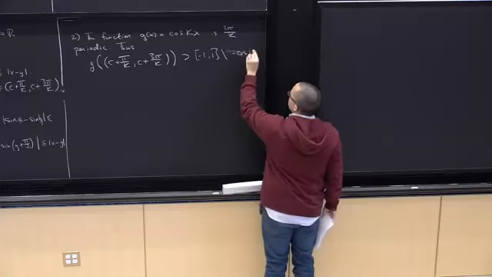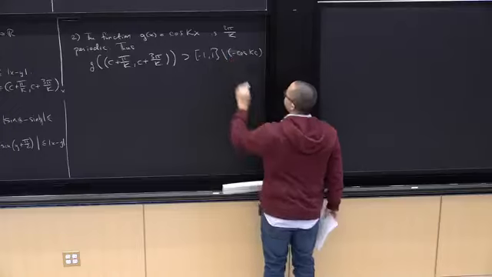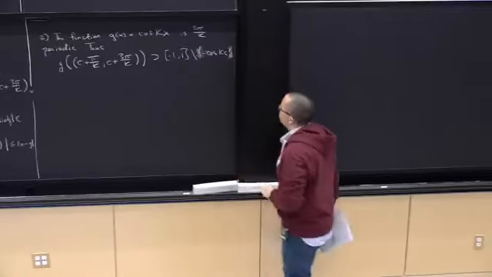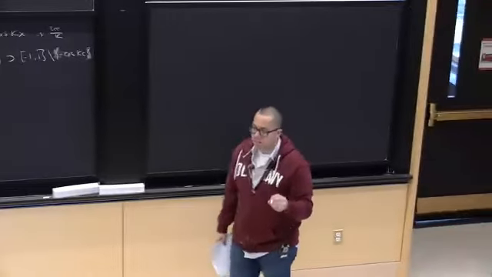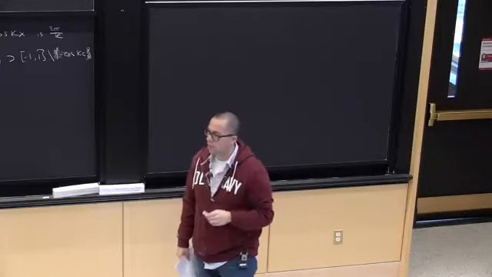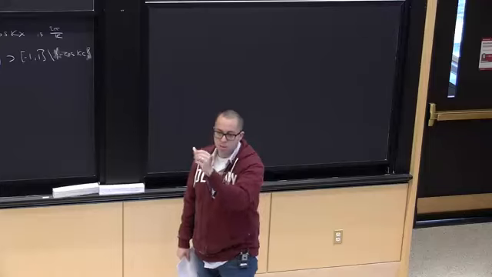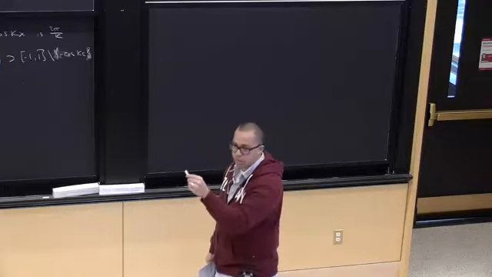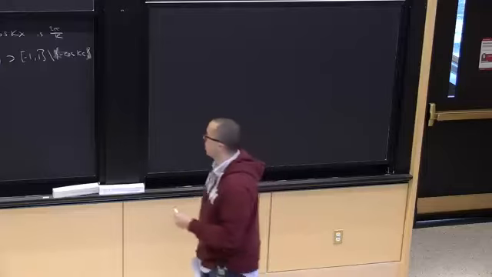And the value at the endpoints is minus cosine kc. Okay? Because cosine of k times c plus pi over k is equal to cosine of kc plus pi, and cosine of something plus pi is equal to minus cosine of that thing.